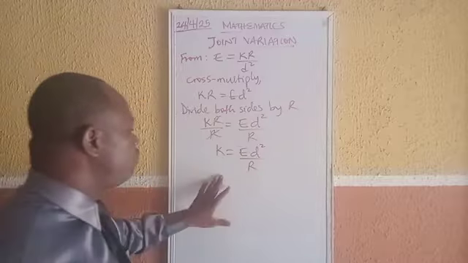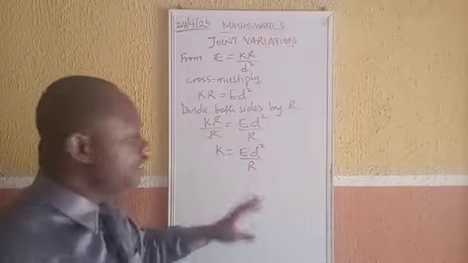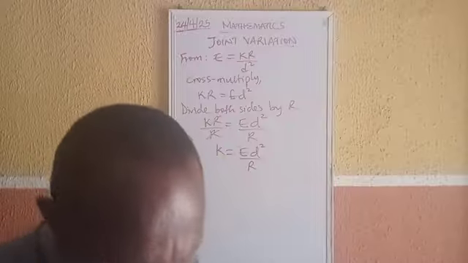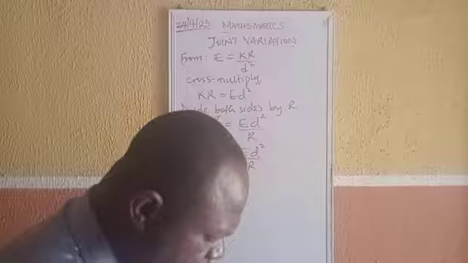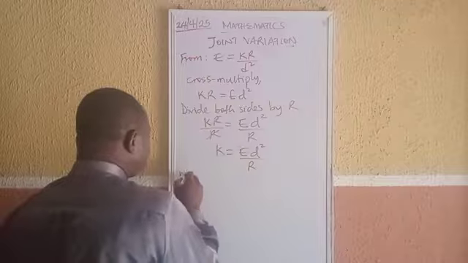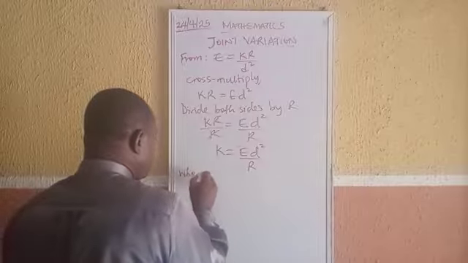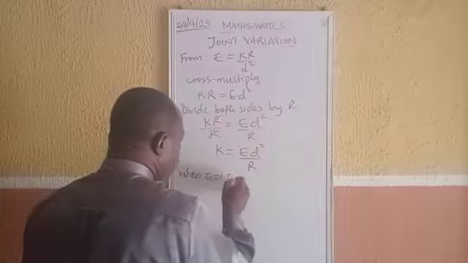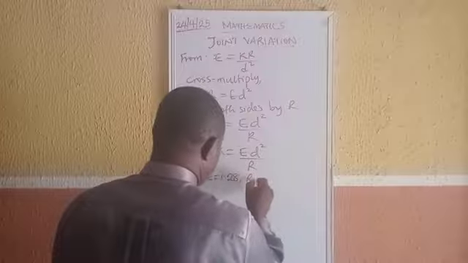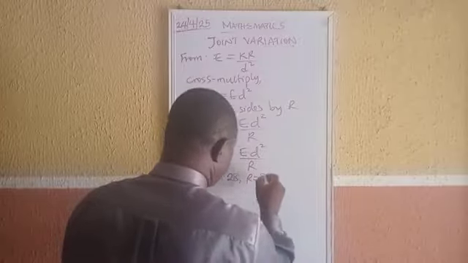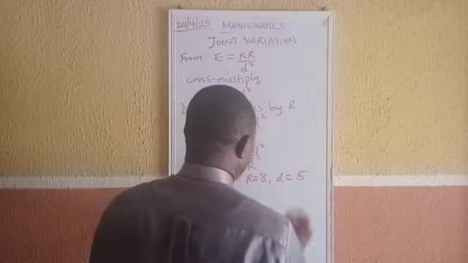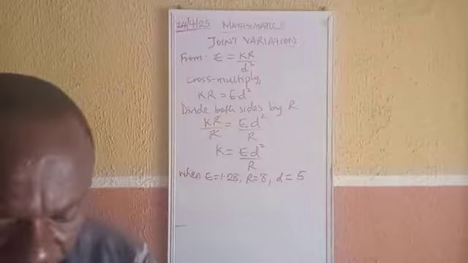Now let's obtain the value. We have made K subject of the formula. The next thing is for us to obtain the value for K. We are given the first set of values for all of them. Look at the question. We are told that E equals 1.28, R equals 8, D equals 5.